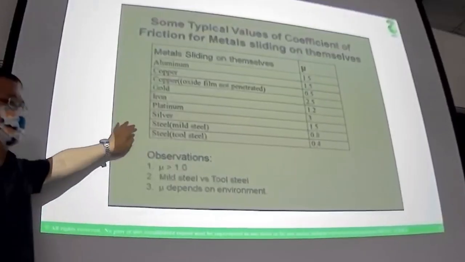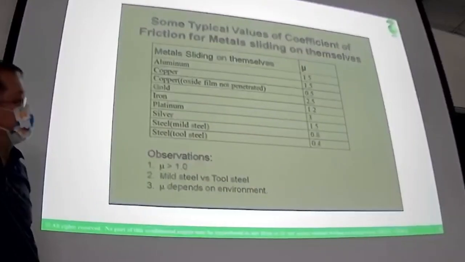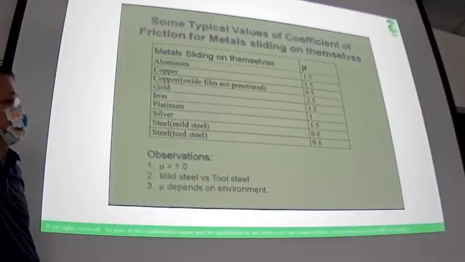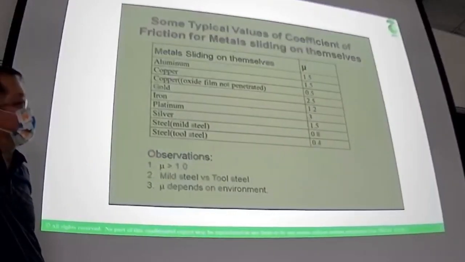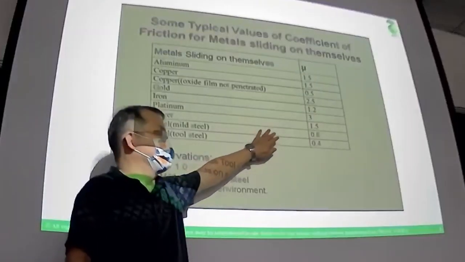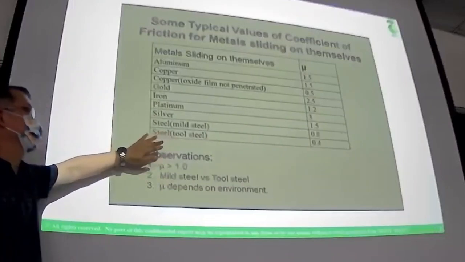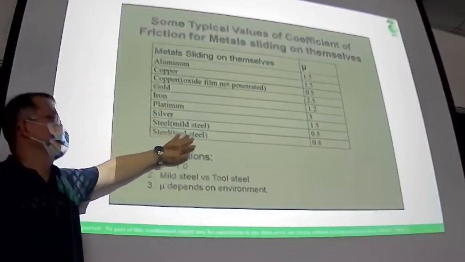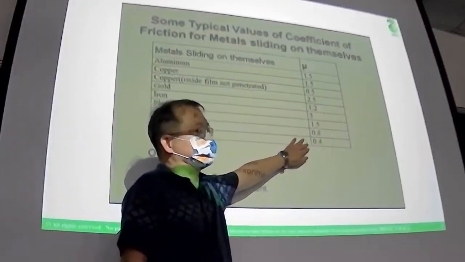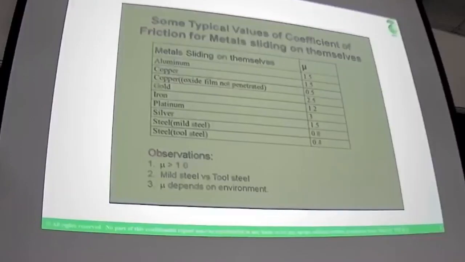We have different compositions of carbon in the steel. So this is a mild steel, medium carbon steel. So you have a coefficient of friction of 0.8. This is a tool steel, then you will have a coefficient of friction of 0.4. Okay.